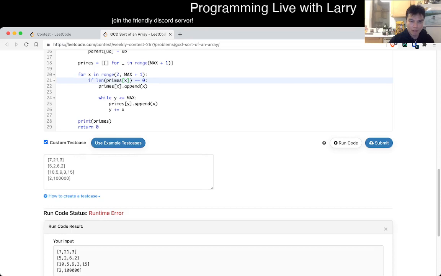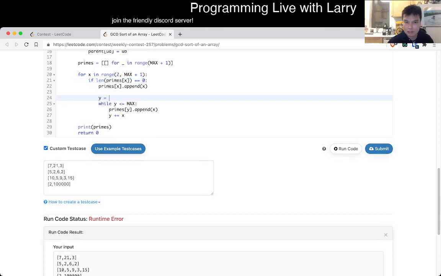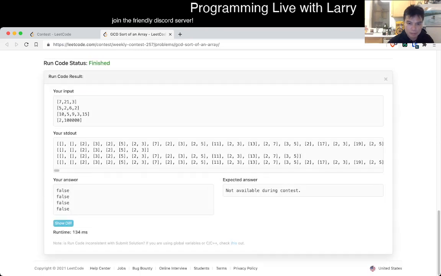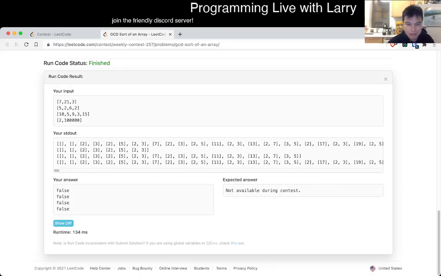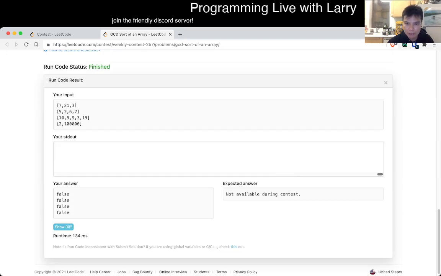Okay, y is equal to x plus x. So this is fast enough, maybe. If it gets nasty, we could mess it up. But 2, 3, 4, 5, 6, 7, 8, 9, 10, 11, 12. Everything looks okay so far, and it runs pretty quickly.